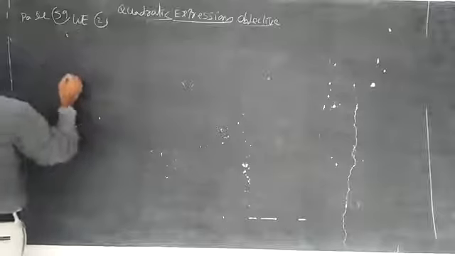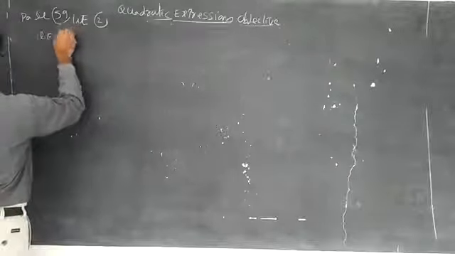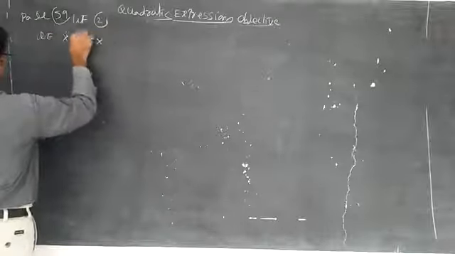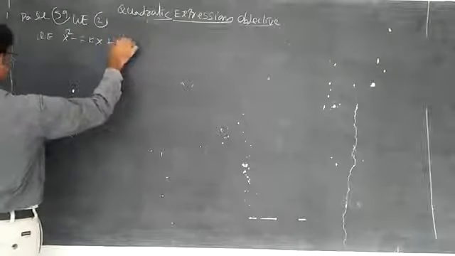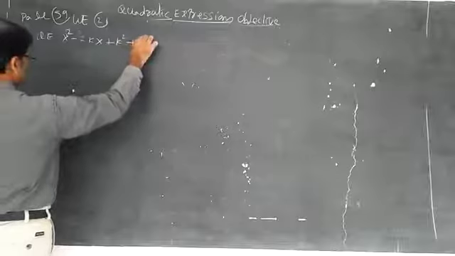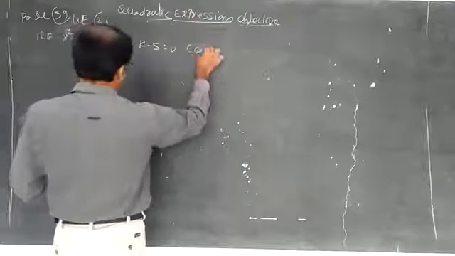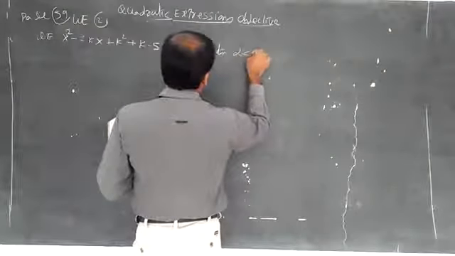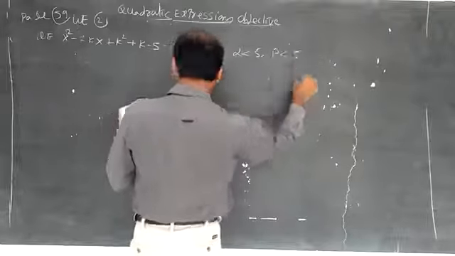If both roots of the quadratic equation are given as x square minus 2kx plus k square plus k minus 5 equal to 0, the condition is both roots are less than 5.